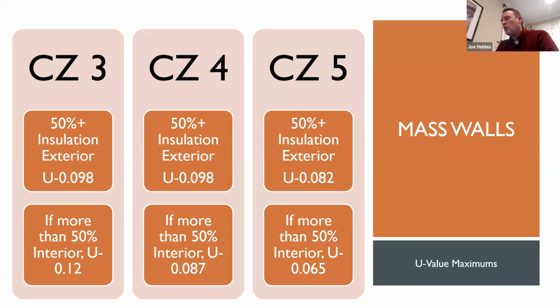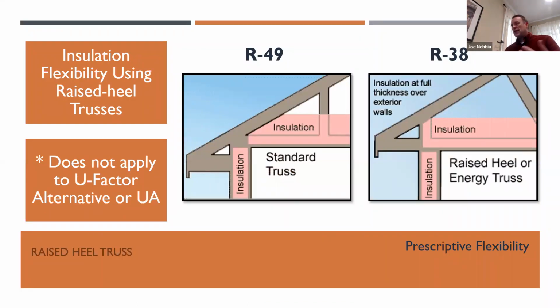There are a couple of ways that the code also allows some flexibility with what you see in the tables. One of the major ways you'll see that is in a raised heel truss in the attic. Formerly, all three of these climates were using lower attic insulation levels. Climate zone 3 moved from a 38 to a 49, and 4 and 5 moved from a 49 to an R60.